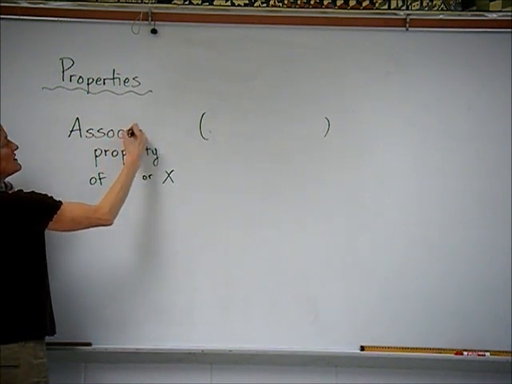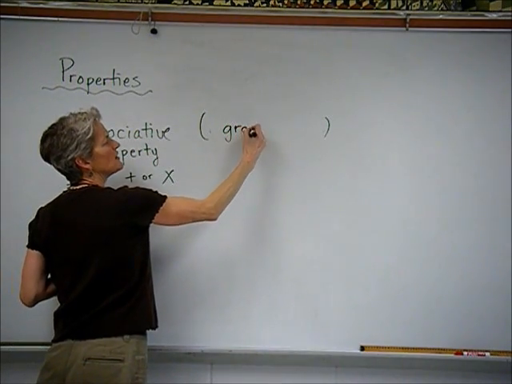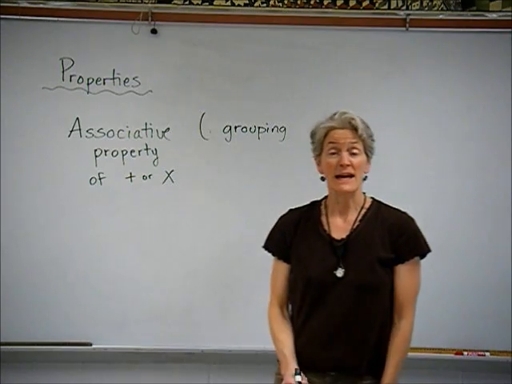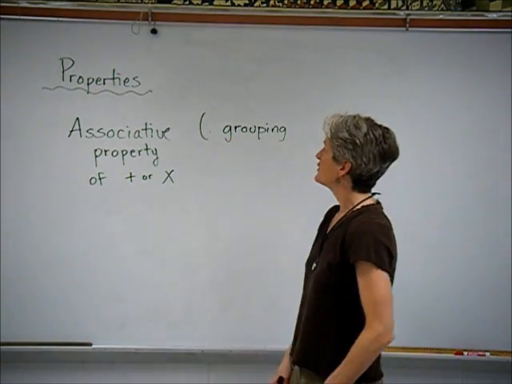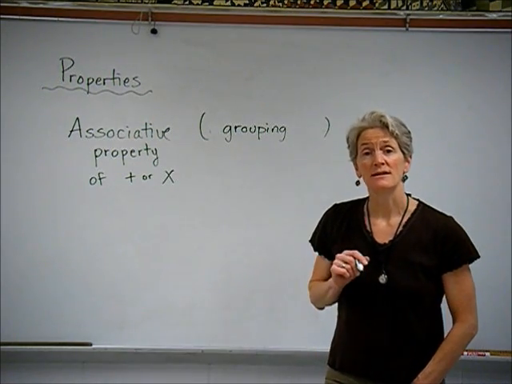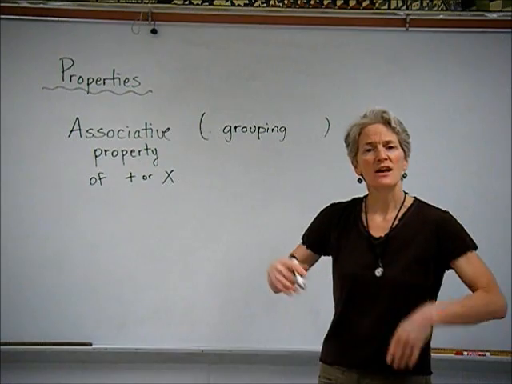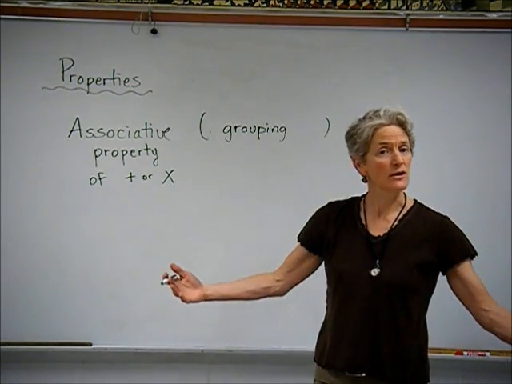So the associative property is when you're grouped together with people or things. In math, we use parentheses to group things. So the associative property of addition and multiplication says, I can use parentheses and group things in different ways, and it won't change the outcome.